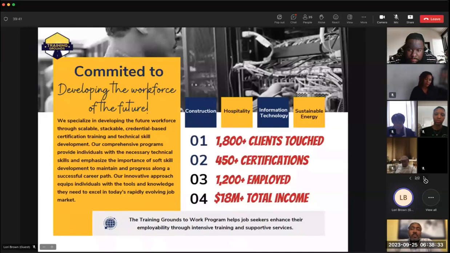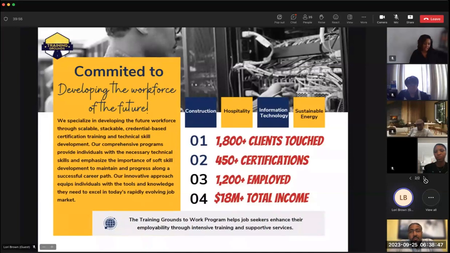We found that focusing on both professional development as well as personal development provides a holistic approach to helping individuals be as successful as possible and also sustain their progression along their career paths.